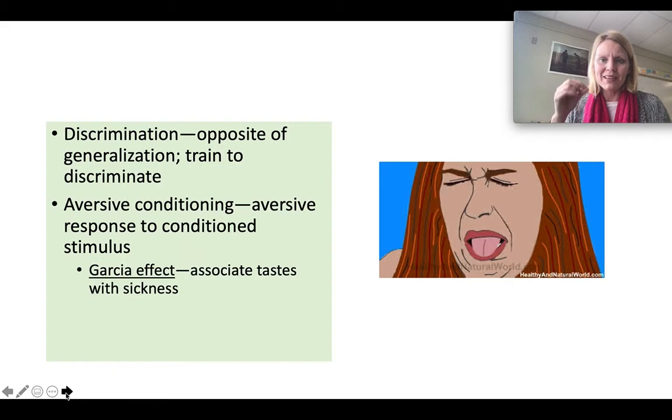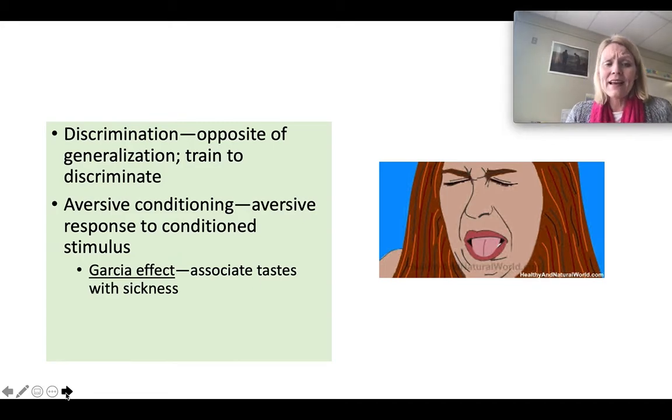They would be able to tell the difference between the ding, ding, ding and the ding, ding. If there was no conditioned response, then they have discriminated between those two stimuli, and it doesn't do anything for them. There's no association there. They haven't learned anything. They have very discriminating tastes, you might say.